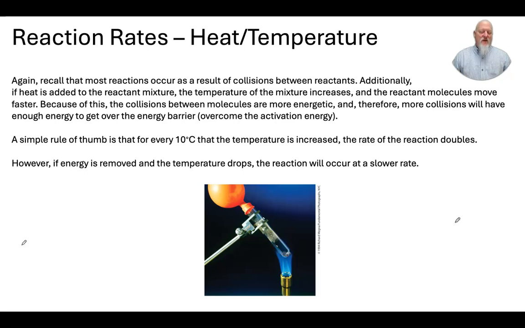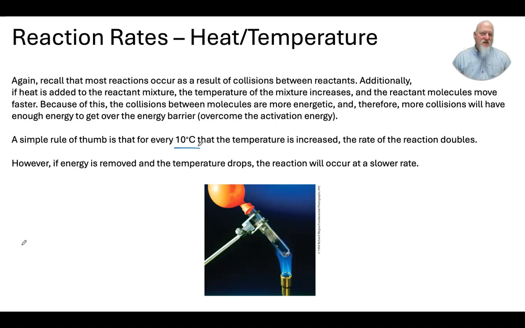Okay, so as we heat things, the molecules move faster, they collide more, they collide with more energy, and we get more products faster. All right, and the typical rule of thumb is if I increase the temperature of my reactants by 10 degrees, the reaction rate doubles. So it doesn't take much, right?